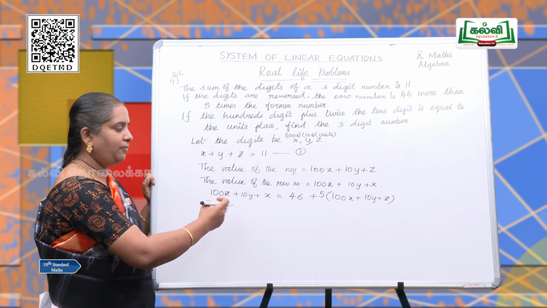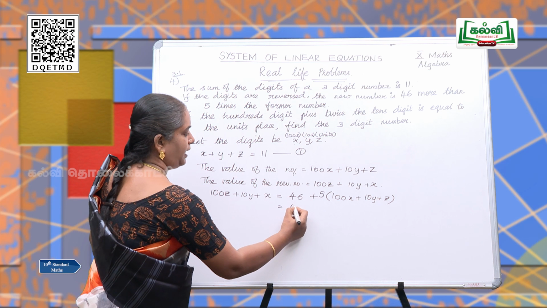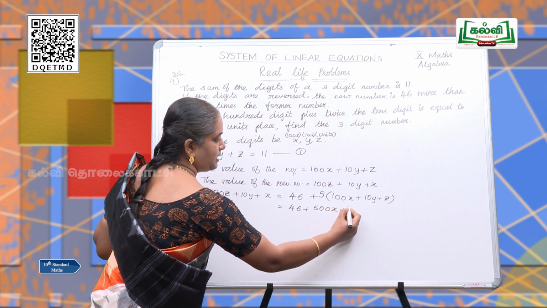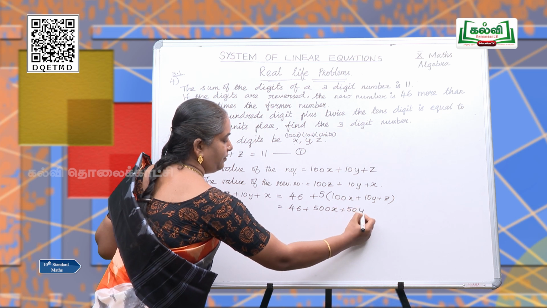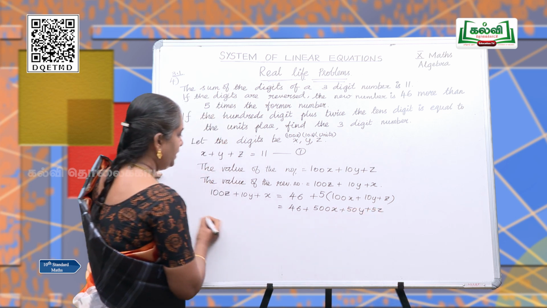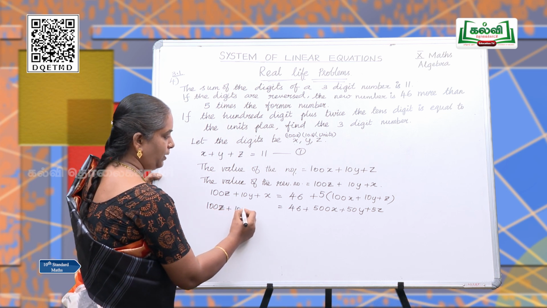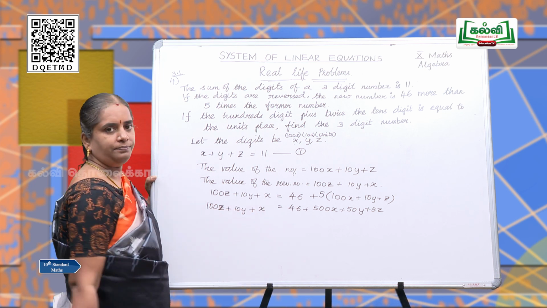So, we have to simplify this equation. As 46 plus, we can multiply by 5 and get 500x plus 50y plus 5z is equal to 100z plus 10y plus x.